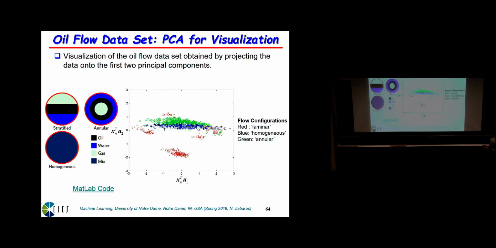You can see more or less that the colors have been separated, but not perfectly. Obviously they are non-linearly separable, but you can see a lot of blue points that are mixed with the green points.